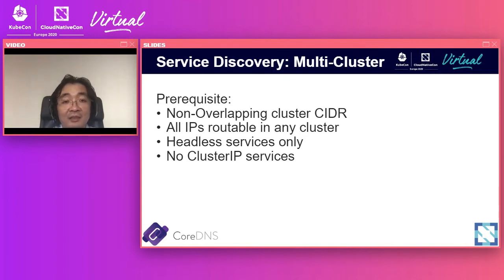And finally, multi-cluster deployment only works for headless services. The reason is that when we use standard cluster IP services, the cluster IP is handled by the Kubernetes proxy, and obviously the Kubernetes proxy cannot cross multiple clusters.